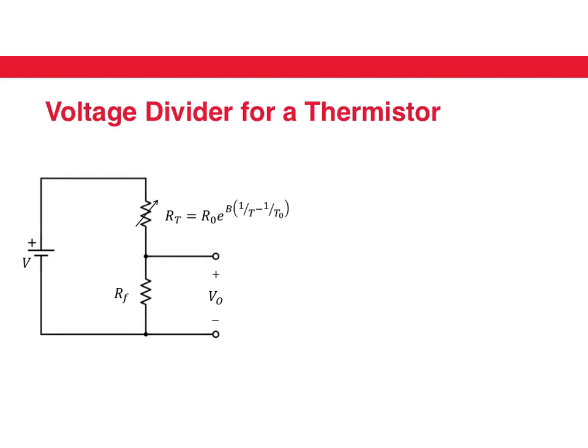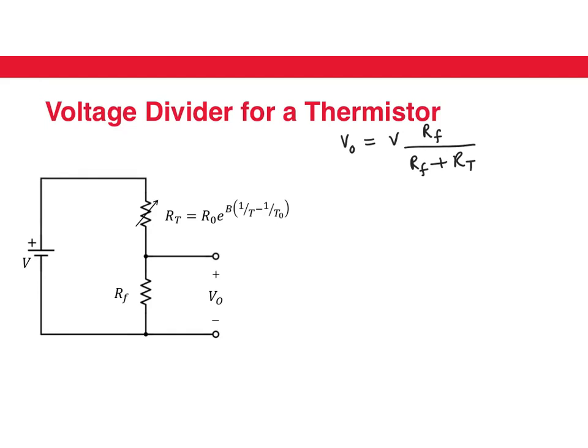Okay, so what is the output of this thermistor? The output is given by VO, which is equal to V RF over RF plus RT, right?